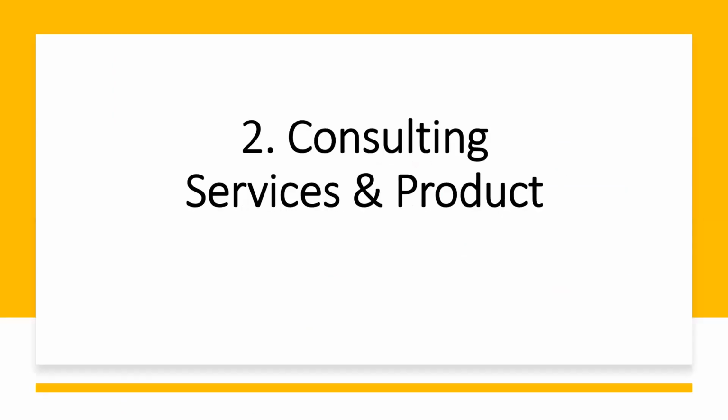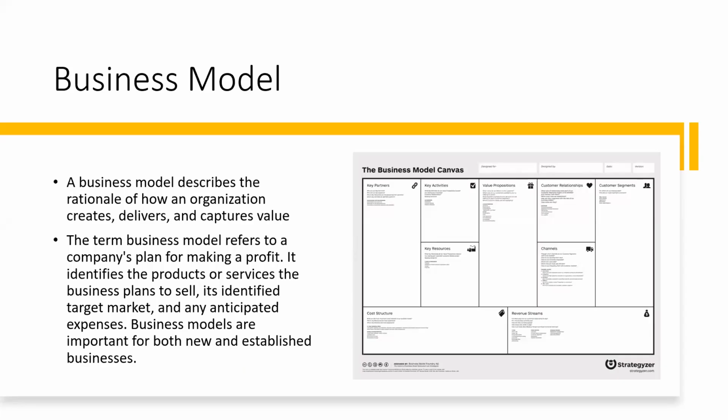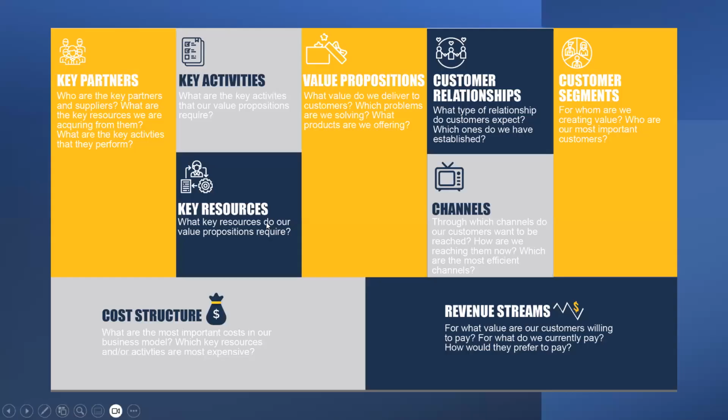And one good tool is what we call the business model canvas. The business model canvas describes how your company creates and delivers value. How do you want to create and deliver value as a consultant?